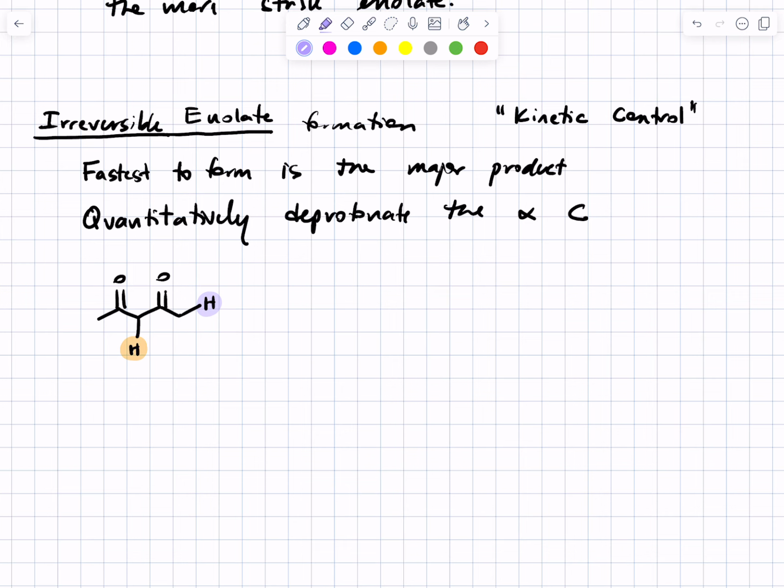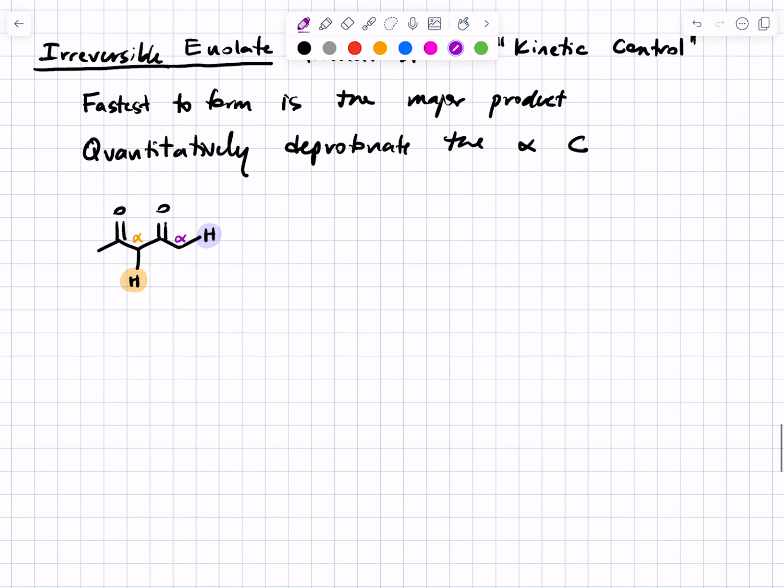You've got the proton that is alpha to two carbonyls, and then you've got the proton that is alpha to just one carbonyl. Looking at the pKa's, the pKa of the orange alpha proton is 9. The pKa of the purple alpha proton is around 20.